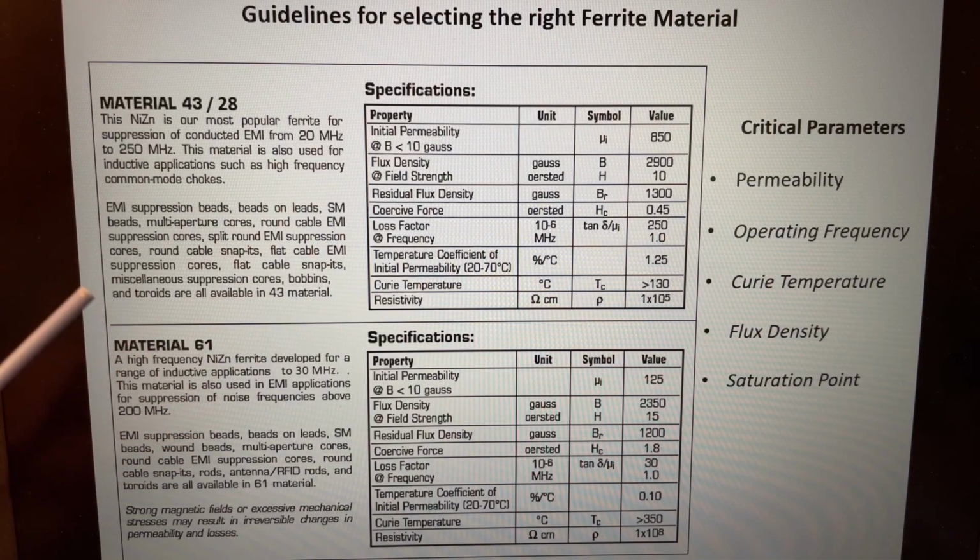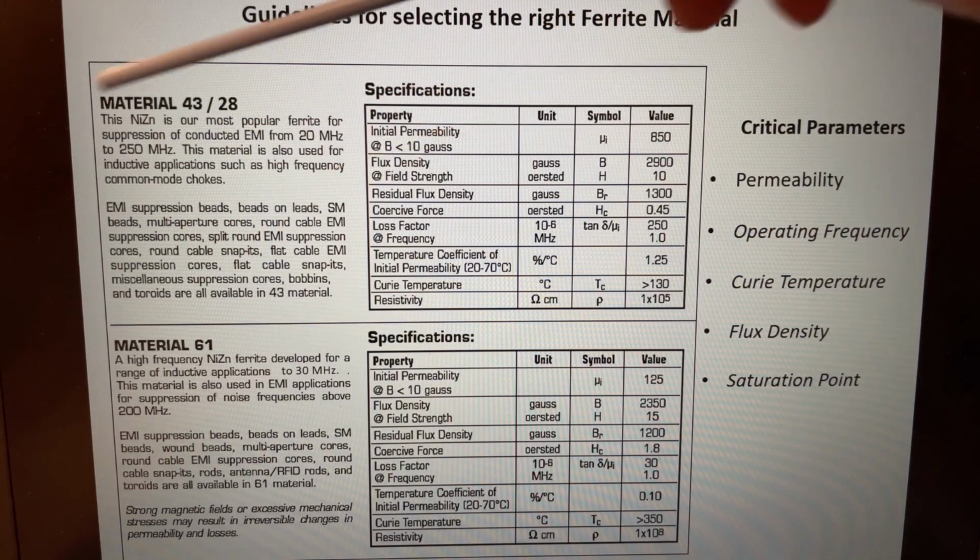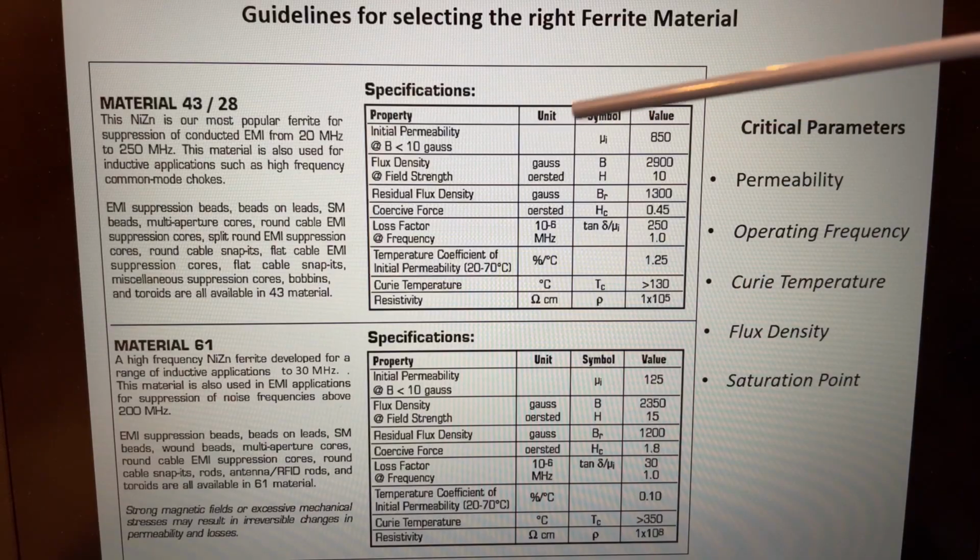The primary reason we use material 61 is it has a much higher saturation point, and we'll show you some of those calculations. So the areas we'll be looking at are what is permeability, and what is the operating frequency. That's typically included in the text or might be in the table.